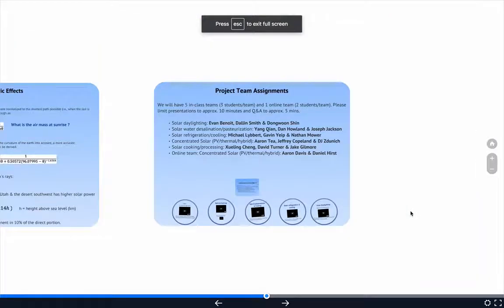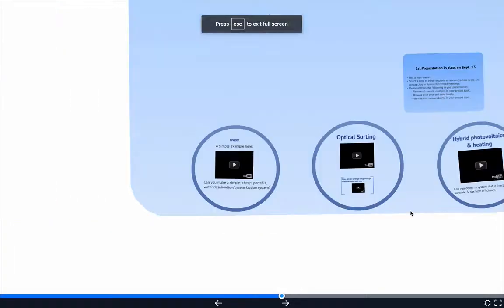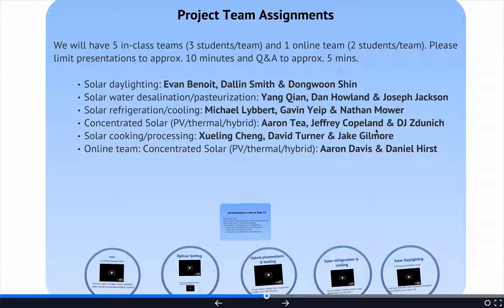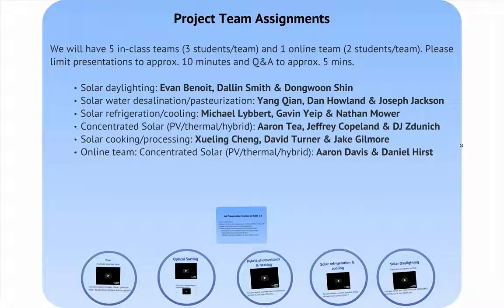I want to spend a few minutes talking about the assignments and projects because, of course, this is a very important part of the class. Again, as I mentioned in the first lecture, my goal really is for you to experience what it would be like to work in small teams in a real-world company.